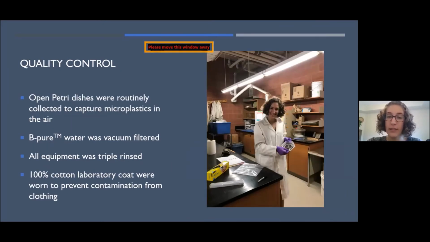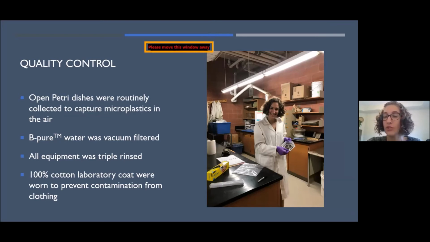Microplastics are everywhere, so open Petri dishes with filter papers inside of them were left out while I completed my lab work to capture any microplastics that could have potentially fallen from the air onto my samples. Be Pure water is ultra pure water that was used to rinse and clean any lab equipment. The water may contain fibers or microplastics, so it was filtered before being used.